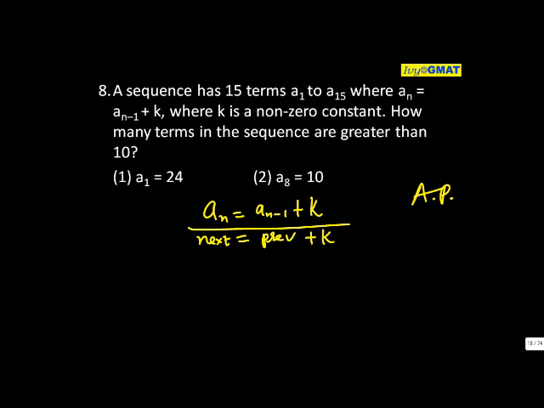And this k is 0 or non-zero? That's also important. K is non-zero here. That means this AP is not a constant AP. This will be either an increasing type of AP or a decreasing type of AP. You are given how many terms are greater than 10.